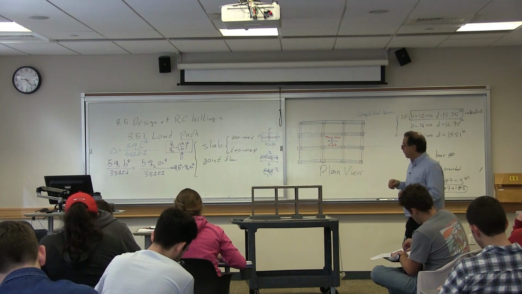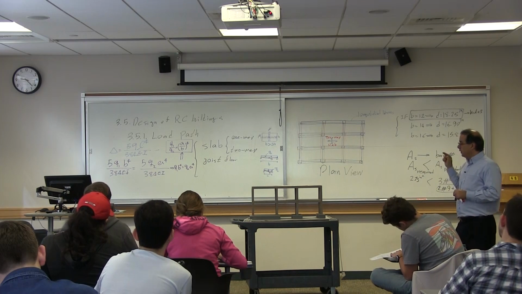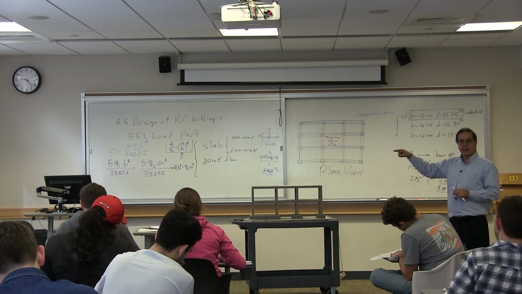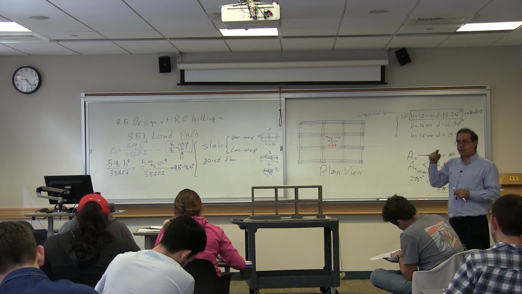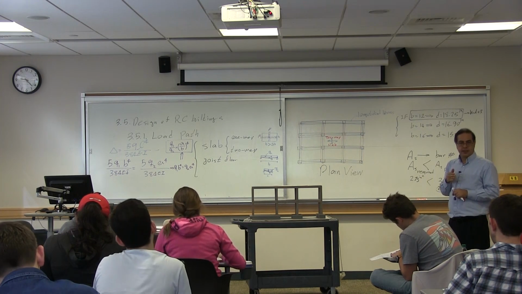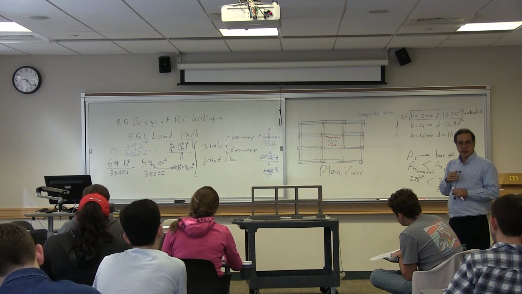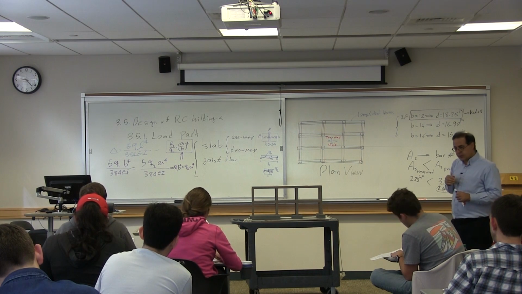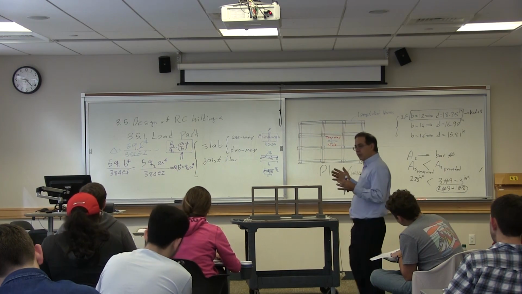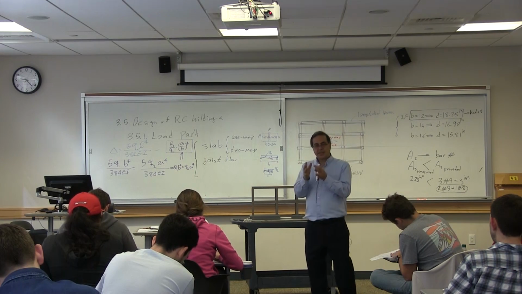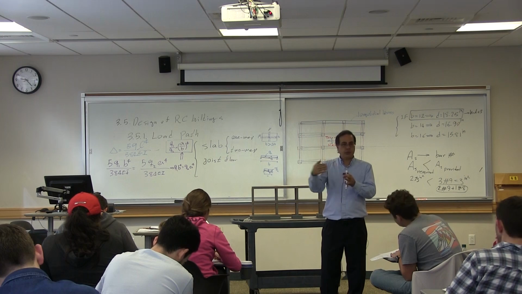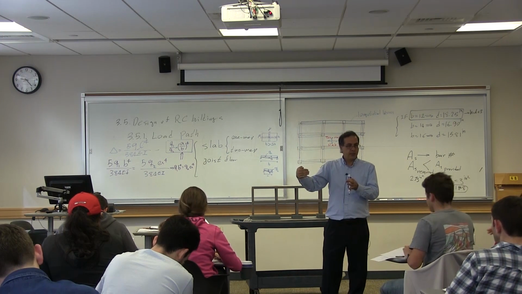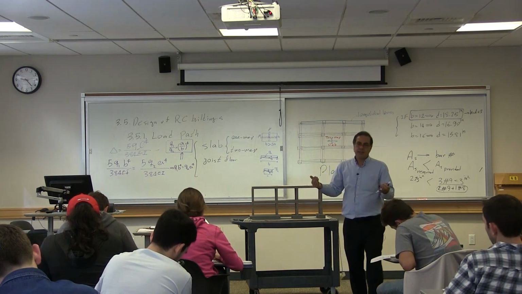That means the load that is transferred in the longer direction is going to be 16 times smaller than the load transferred in the shorter direction. In other words, if you have 17 units of load, 16 units goes in the shorter direction, 1 unit goes in the longer direction. That's the limit.